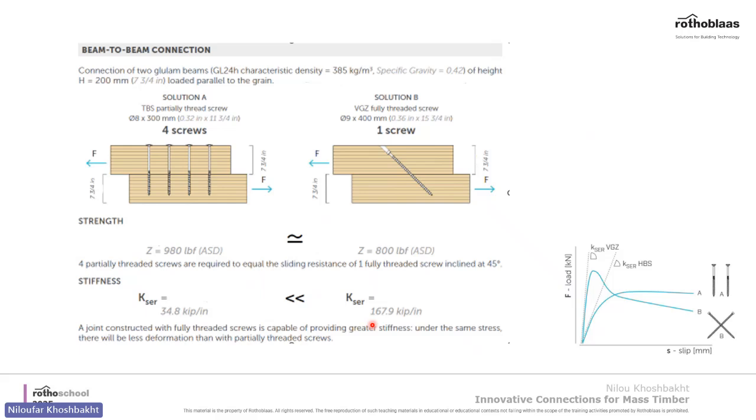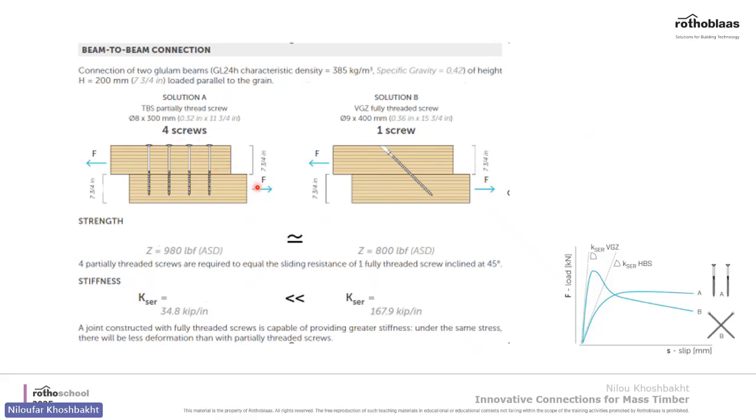Okay, here I want to talk a little bit about the difference between partially threaded screws and fully threaded screws with this example. Imagine we have the same wood thickness, the same wood species, and the same loading. If you want the connection to resist load F here, let's say we choose 4 partially threaded screws.